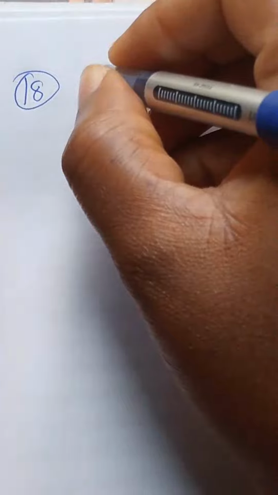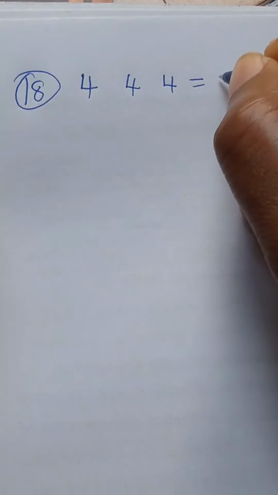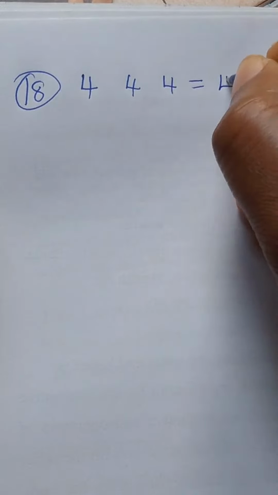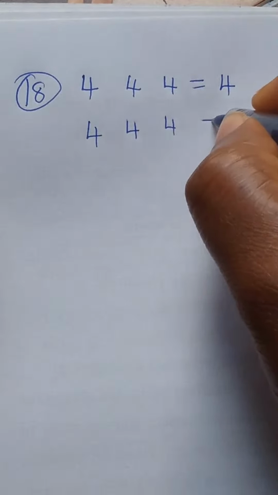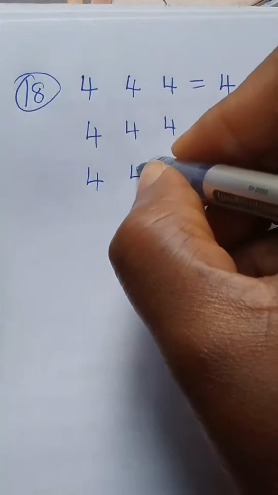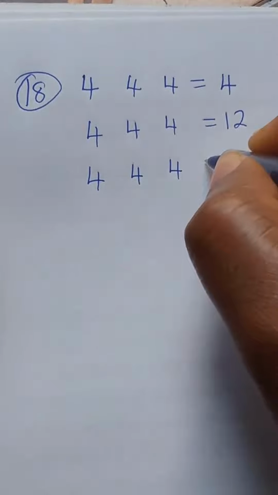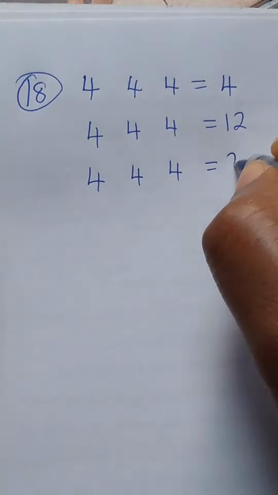We are given 4, 4, 4 is equal to 4. And we are told that 4, 4, 4 is equal to 12. Then 4, 4, 4 is equal to 20.